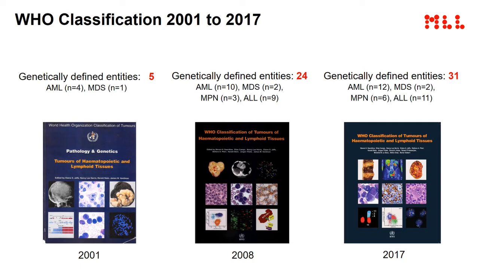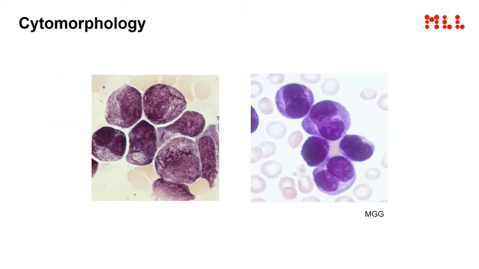And if you look on this cover here for a book of 500 pages and 5,000 references, there's still a lot of macroscopy and microscopy, but there is already some movement into genetically defined entities in AML or MDS, MPN or ALL.